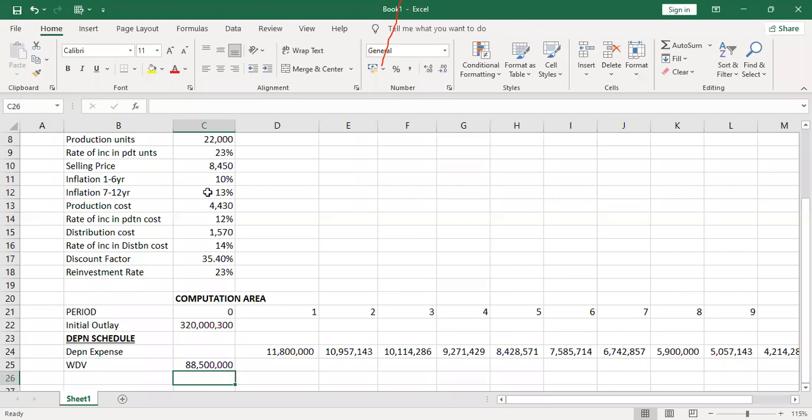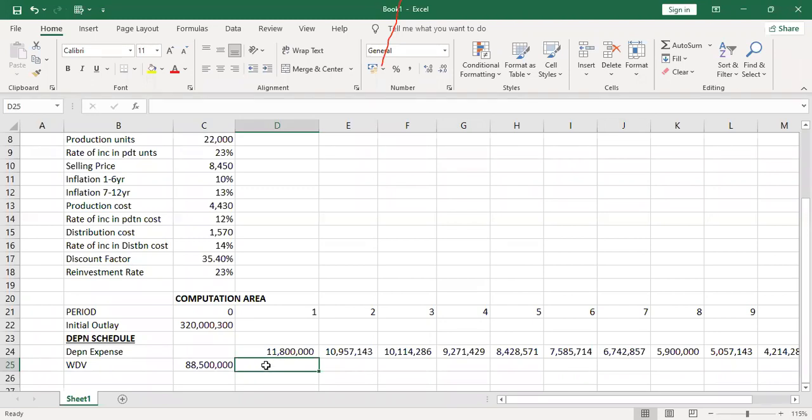And then you press enter. So now, how do you get the written down value in year 1? It is the cost minus the accumulated depreciation. Yes, so press equals.